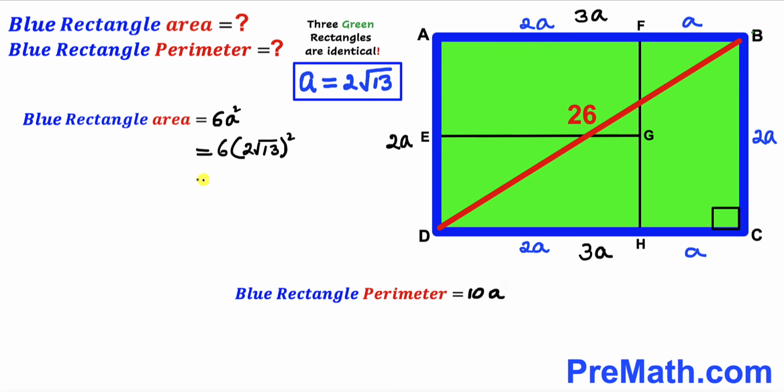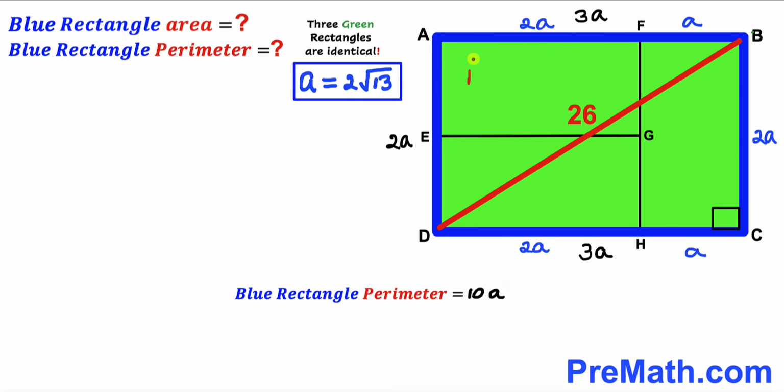Let's simplify furthermore. That is going to give us 6 times 52, and that's going to be equal to 312 square units, the area of this blue rectangle.